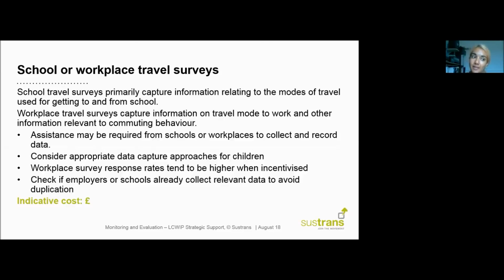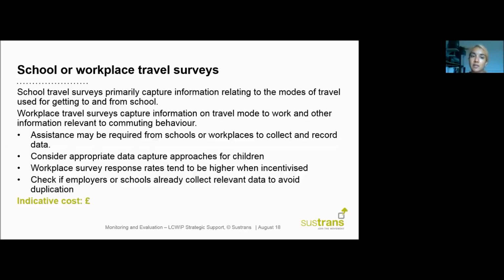Similar for workplaces, whether or not you want to offer incentives for responding. These have been found to have better response rates in the past, especially around workplaces, but can also happen in schools. It's sometimes worth checking what data is already collected, because some of these institutions will have data collection processes in place that may be able to be used without any new data needing to be collected.